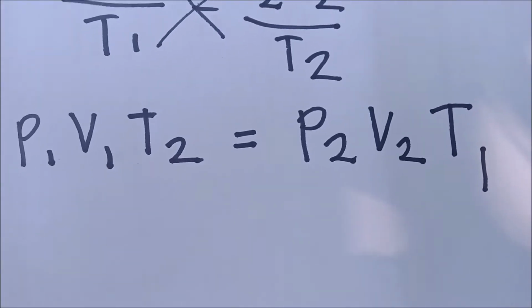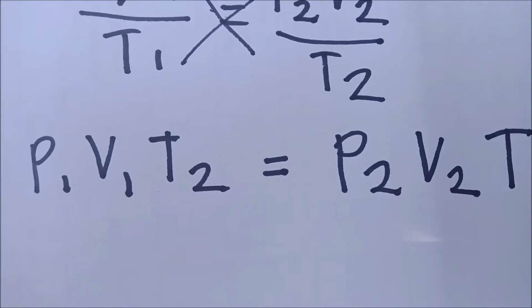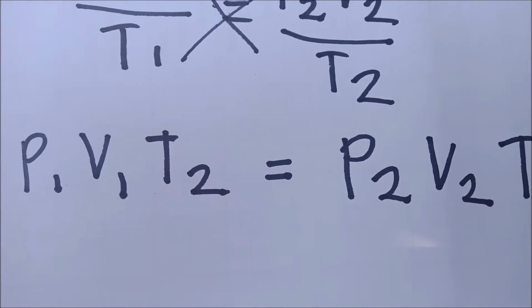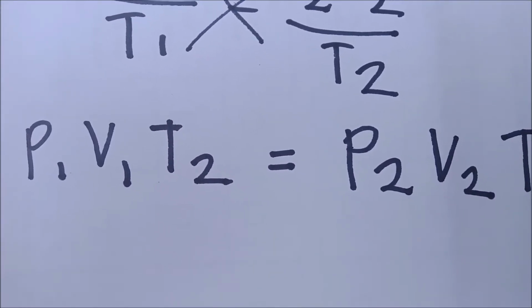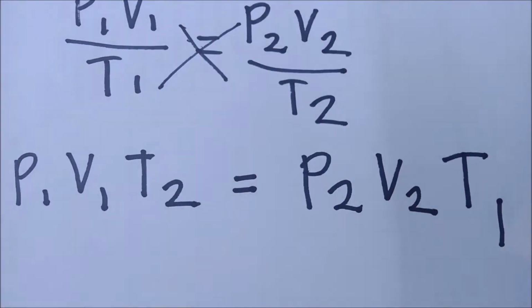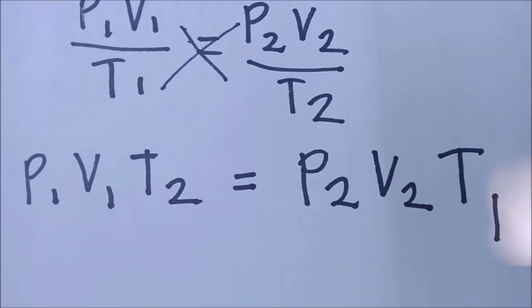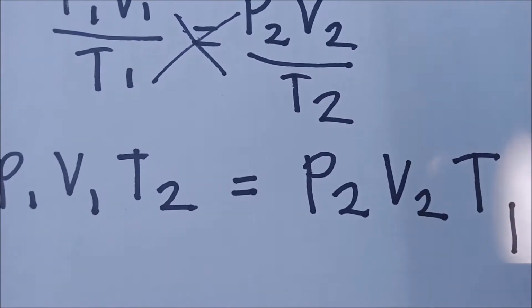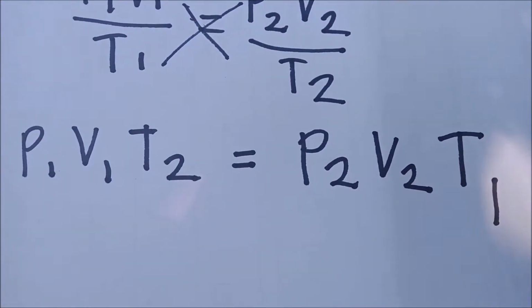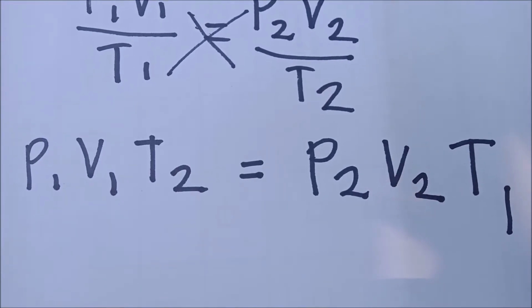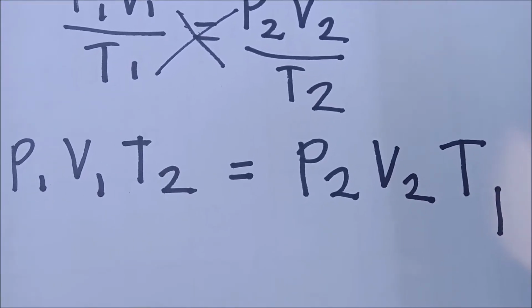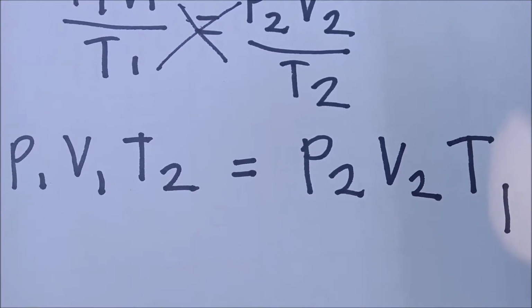With our working equation for combined gas law, pressure 1, volume 1 times temperature 2 is equal to P2 V2 T1, we can actually derive 6 formulas. In case you're going to look for P1, we can find it by deriving its formula.